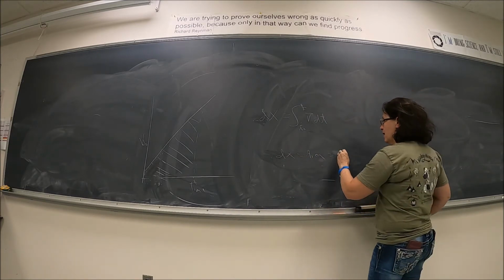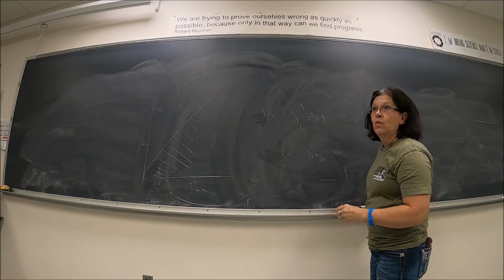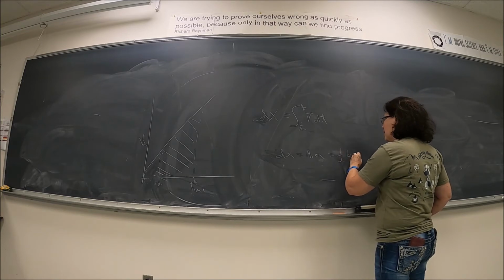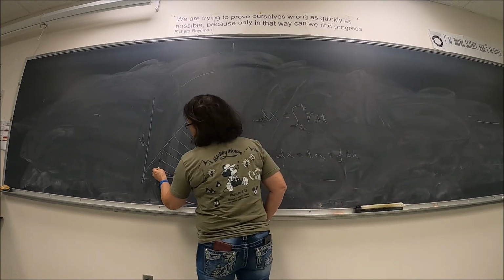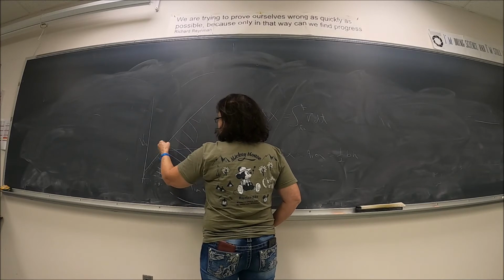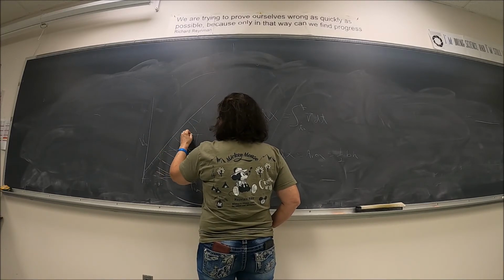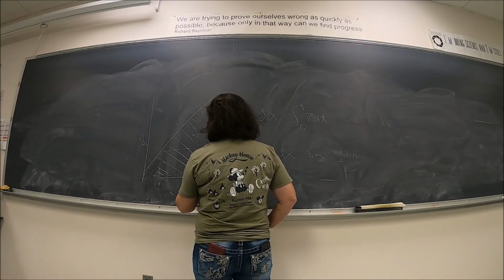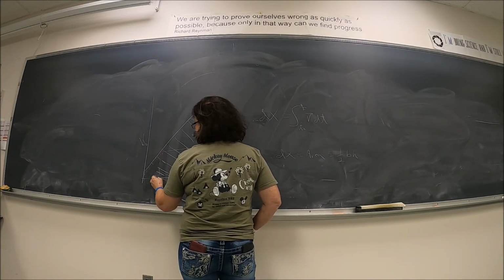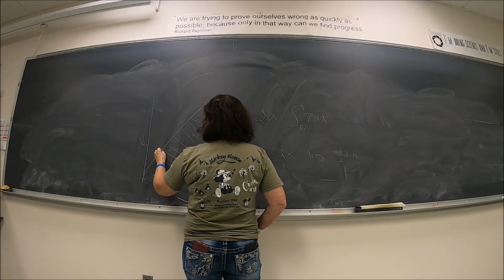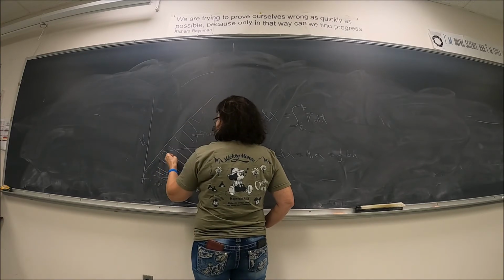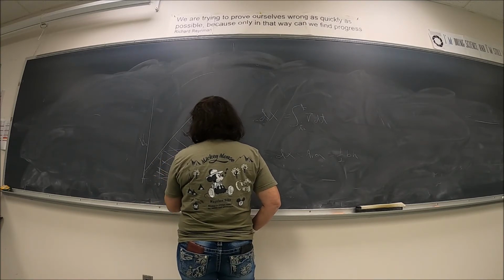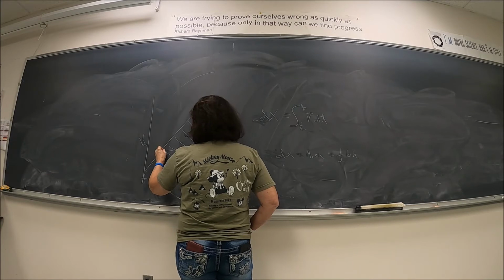Now the area is 1/2 the base times the height. So if I look at this part, 1/2 the base times the height will give me this area. And the area under here is just the delta t times that v initial.